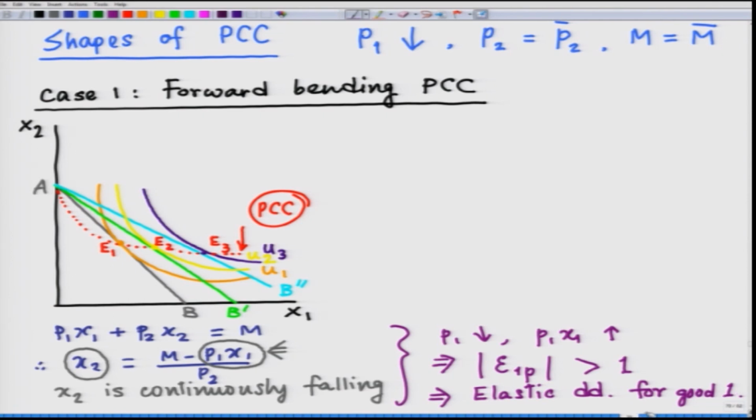Now, let us move on to case number 2. In case number 2, we are going to study the case of first falling and then horizontal PCC. So, here we are not going to draw the individual indifference curves and the budget lines to save time.